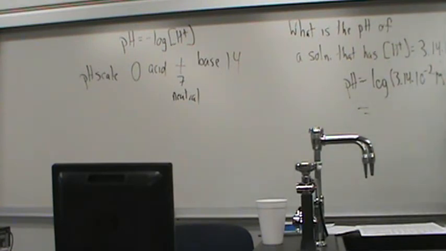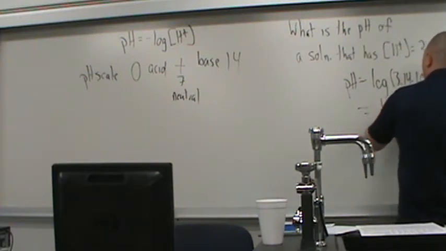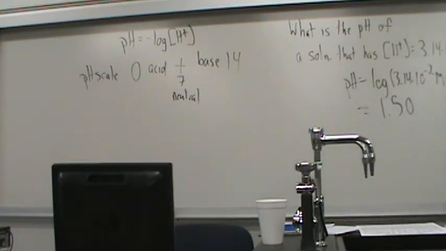Okay, what are we coming up with for a number, please? 1.503. Okay. 1.50? Is that what other people are coming up with? Okay, so now if the pH is 1.50, would you think it's very acidic?